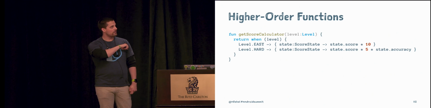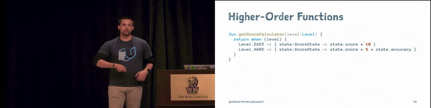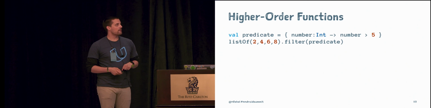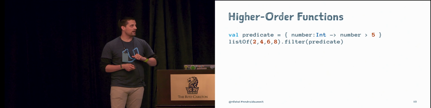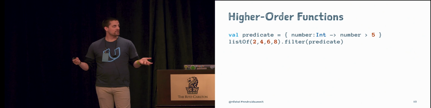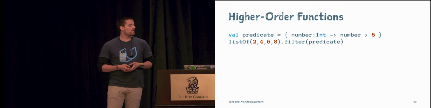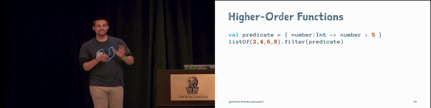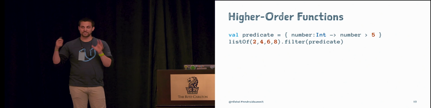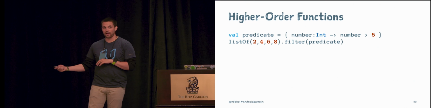So this will return a function, and then we could hold on to that function and actually call it in other places. Here's another example where we are defining a function, in this case called predicate, that takes in a number and basically returns a Boolean determining if that number is greater than 5. We can then define a list and pass that predicate in, and this will filter based on that criteria of the number being greater than 5.